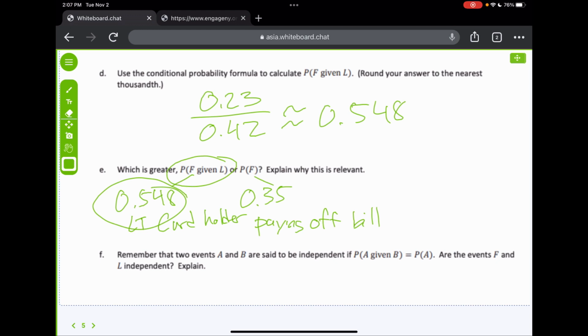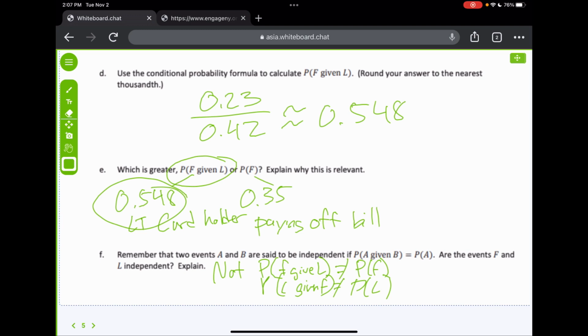Well, we would say they are not independent, because the probability of F given L is not equal to the probability of F. And it's the same thing for L given F, because it's not equal to the probability of L.